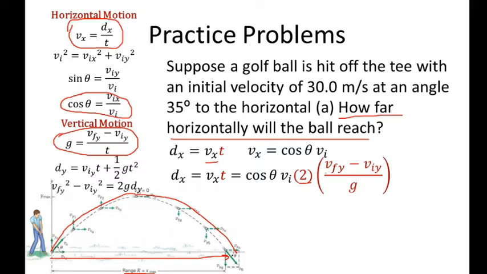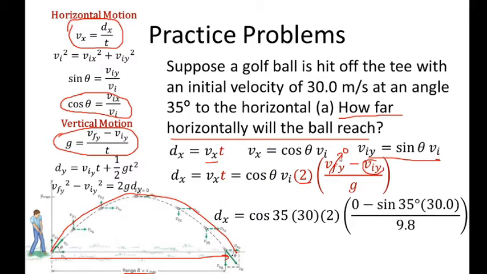So substituting values now. Again, to recall, viy here is this equation because the final velocity is 0. Substituting values, we now have cosine 35 times 30, which is our vi, times 2 times 0 minus sine 35 times 30 divided by negative 9.8. If you look at this equation, we would expect that our answer is negative if you do not put a negative sign here.